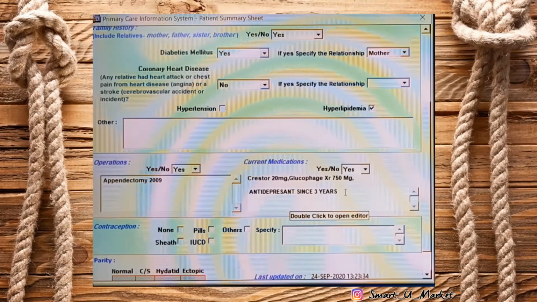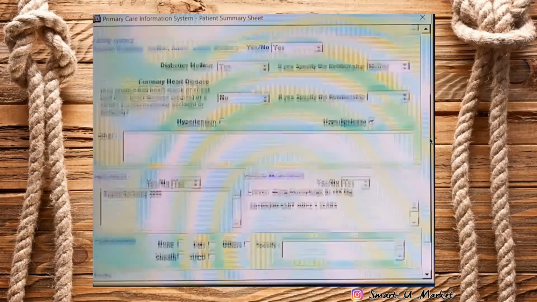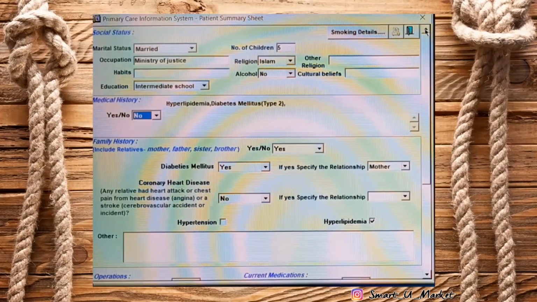So he was on clonazepam. After that, when we found that he had been taking the antipsychotic medicine for 3 years, it could be a reason that he has hyperlipidemia, hyperglycemia, and hypertriglyceridemia. So these were the symptoms.